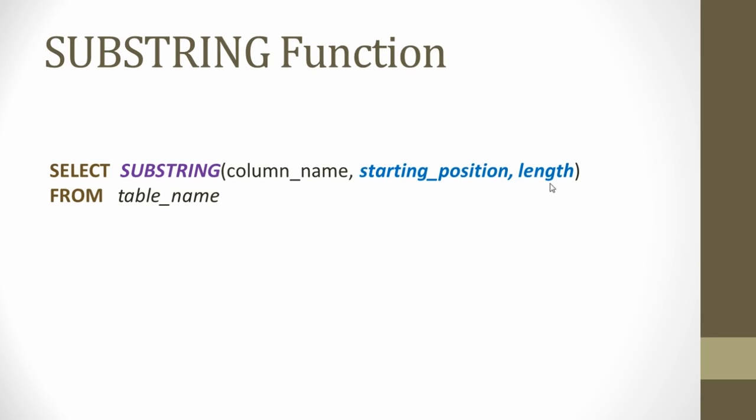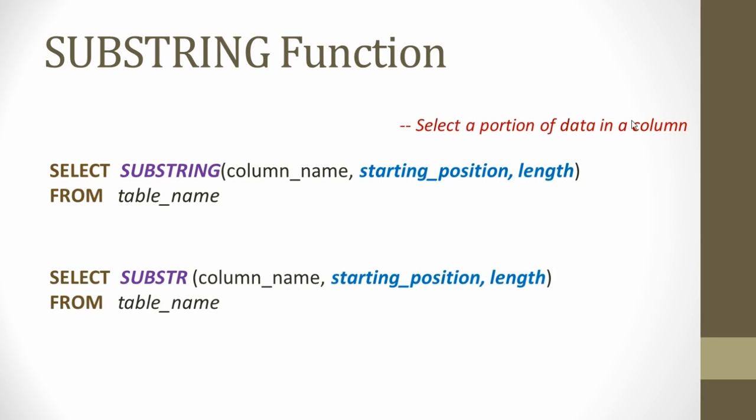In the sense, do you want to get 4 characters, 5 characters? That's the length you want to specify. So this is going to select a portion of the data in a column. In some systems substring is fully spelled out, and in some it is just SUBSTR. So once again we have the starting position and the length. Okay.